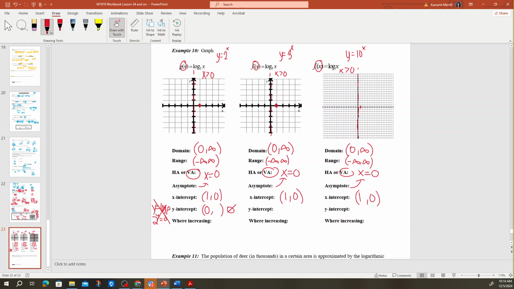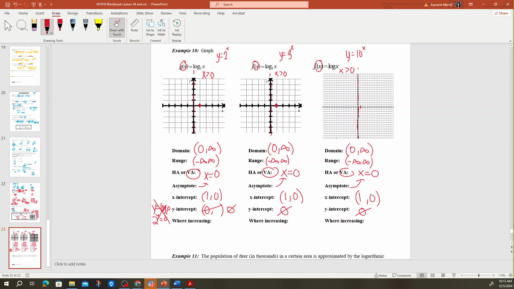So there is not a y-intercept on any of these because that's where my asymptote is. Now, we're not doing shifts right now, but if my asymptote were to move to the left, then yes, I could run into having a y-intercept. That's the only time, okay? But for these most basic graphs, you are never going to have a y-intercept if your asymptote is there, because I can't cross a vertical asymptote, because that's where it's undefined.